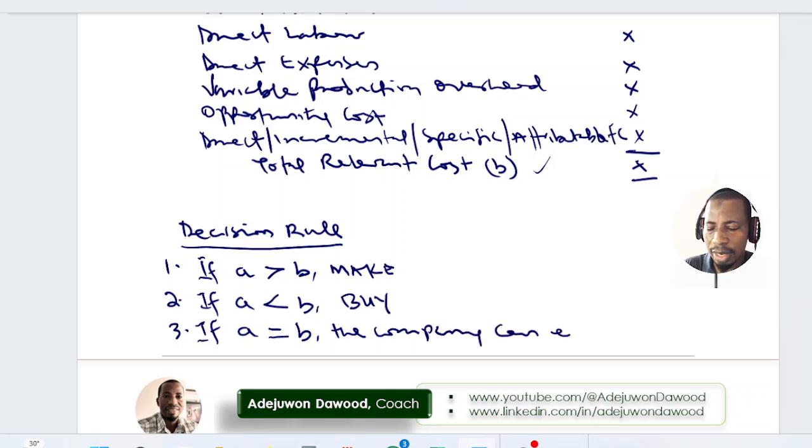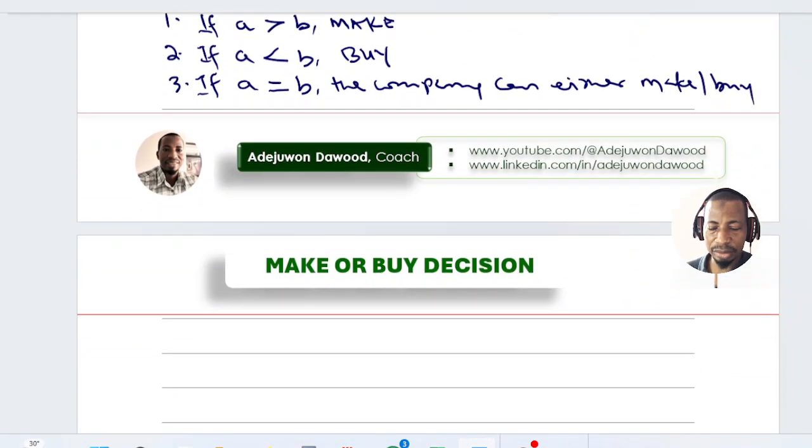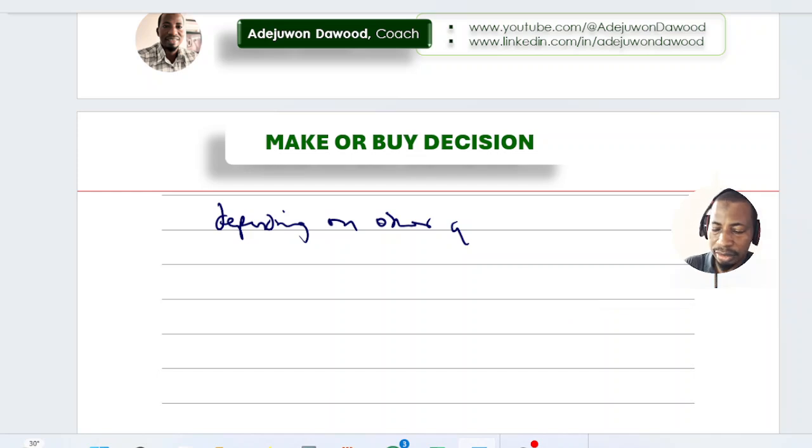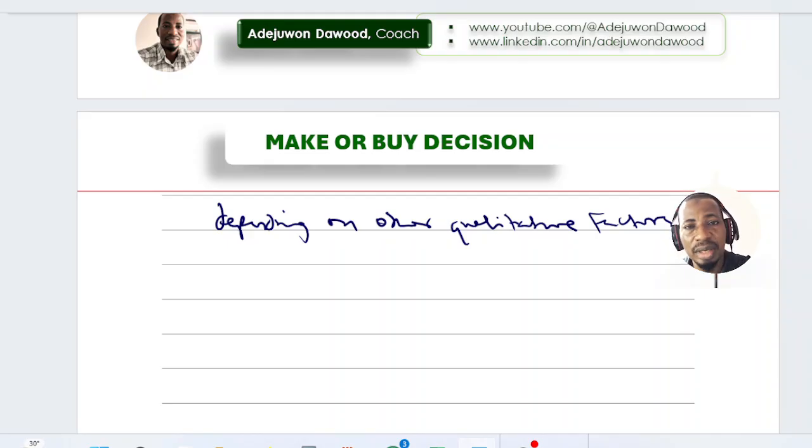Then number three, if supplier's quotation is equal to relevant cost of making, the company can either make or buy depending on other qualitative factors. So if supplier's quotation is equal to relevant cost of making the component in-house, the company may be indifferent as to whether to make the component in-house or to purchase from an external supplier.